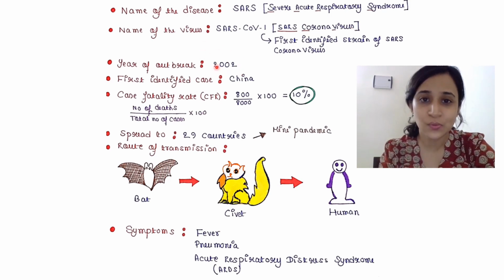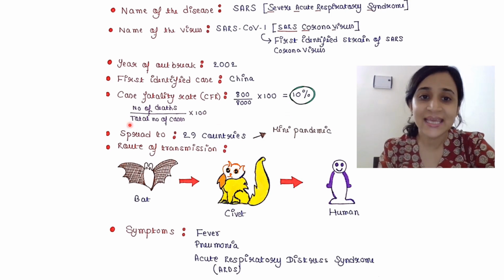In 2002, coronavirus infected us, and that time the disease was named as SARS, that is Severe Acute Respiratory Syndrome, and the virus was called SARS-CoV-1, that is SARS coronavirus 1. One, because this virus was the first identified strain of SARS coronavirus, and the first case of this disease was found in China.